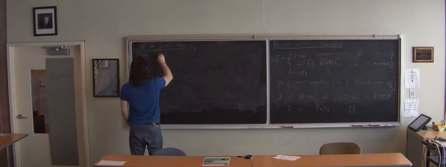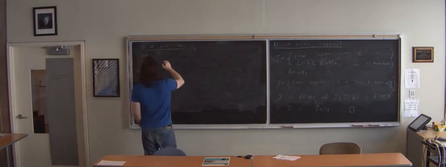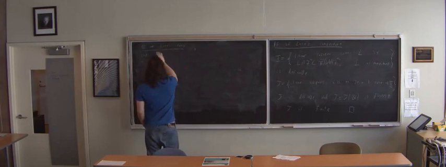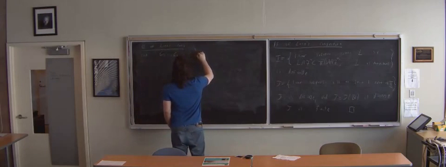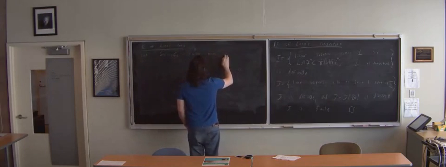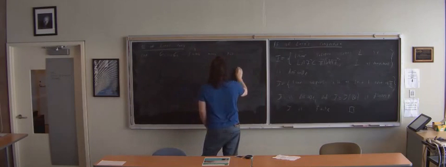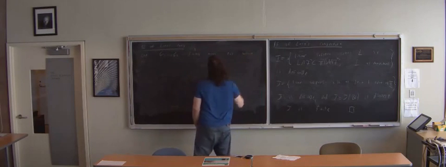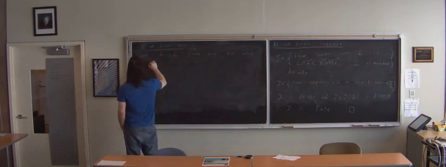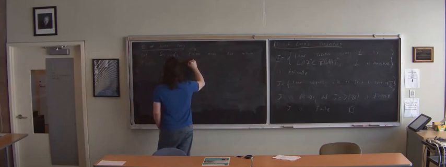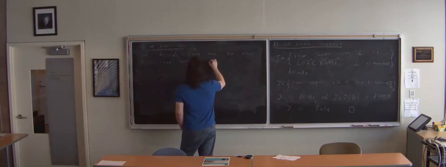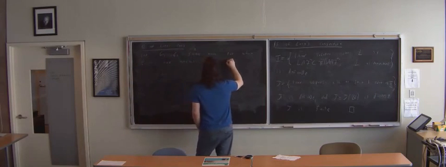Let's say G1 through Gn be the finitely many tori whose cosets give maximal torsion cosets in V.